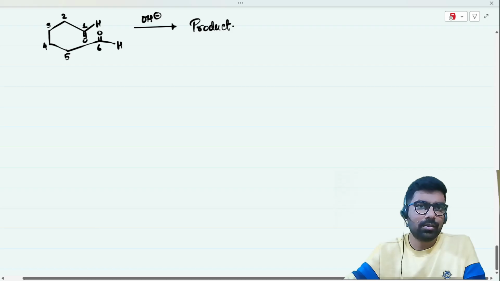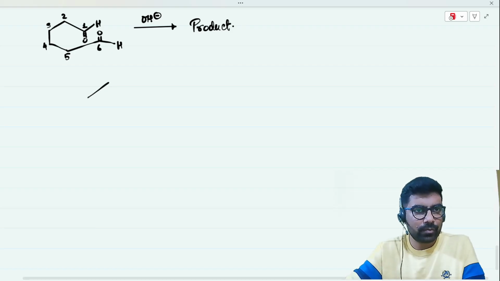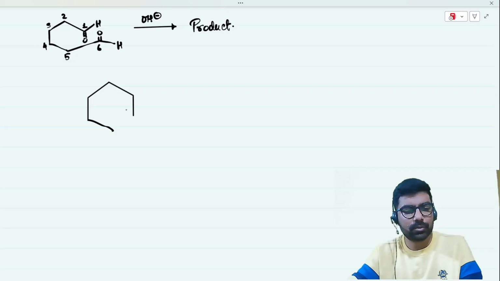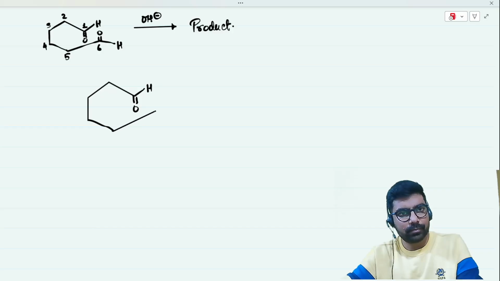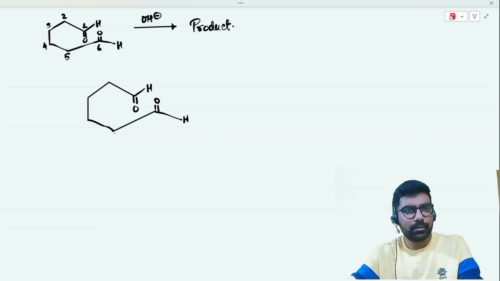Okay, so now just do it step by step. First we will draw the molecule. We have a double bond O over here, and this carbon will have two hydrogens.